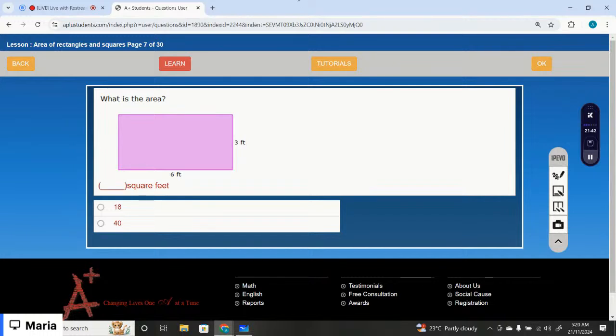That is 6 times 3 equals 18. The correct option is 18. Okay, you can complete the lesson by yourself later today. Let me just move on to the next lesson.